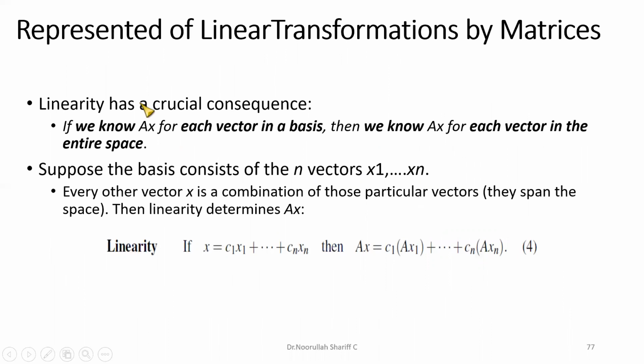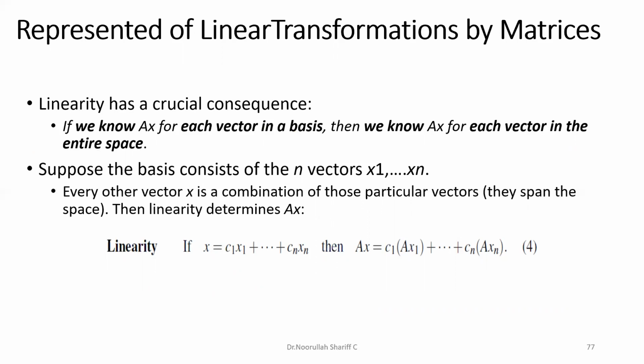So, the linearity has a crucial consequence. If we know Ax for each vector in the basis, we know what a basis is. A basis corresponds to a set of vectors which are both linearly independent, and also they span a space. Now, when we talk about linear independence, in the case of a basis it corresponds to the minimal set, and for the spanning it should be the maximal set.